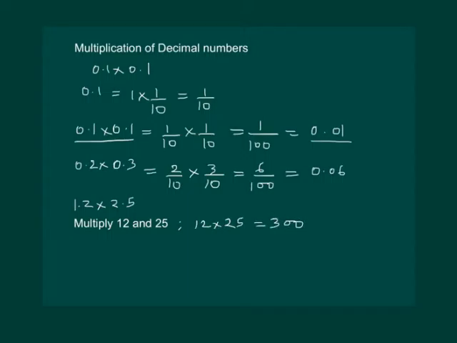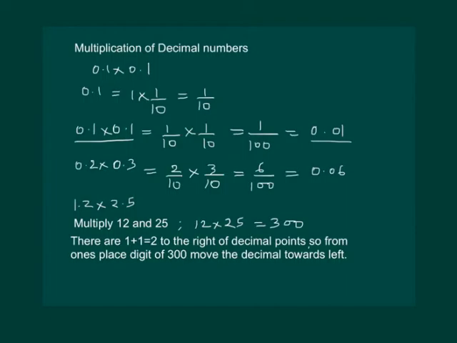Now check how many digits are there after the decimal in both the numbers. We have one digit in one number and one in the other, which means a total of two digits are there after the decimal points. So from the ones place digit of 300, move the decimal towards left 1, 2 places.